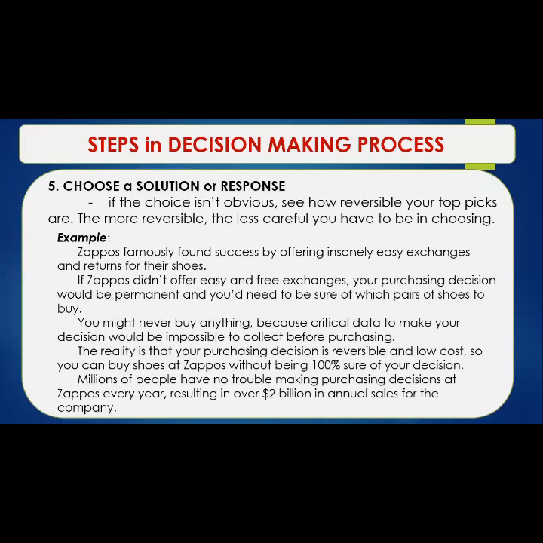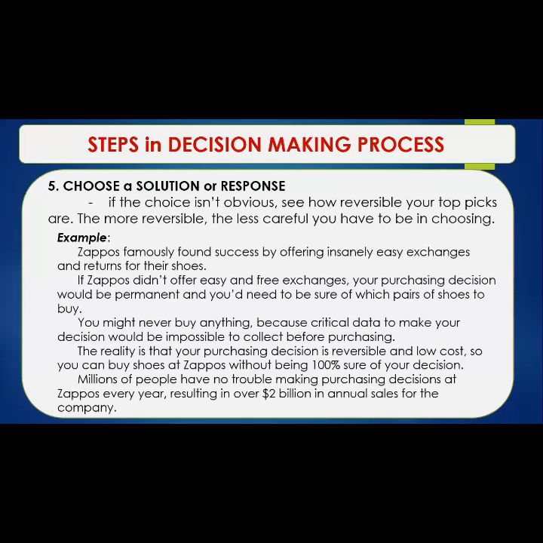So you can buy shoes at Zappos without being 100% sure of your decision. Millions of people have no trouble making purchasing decisions at Zappos every year, resulting in over 2 billion US dollars in annual sales for the company.